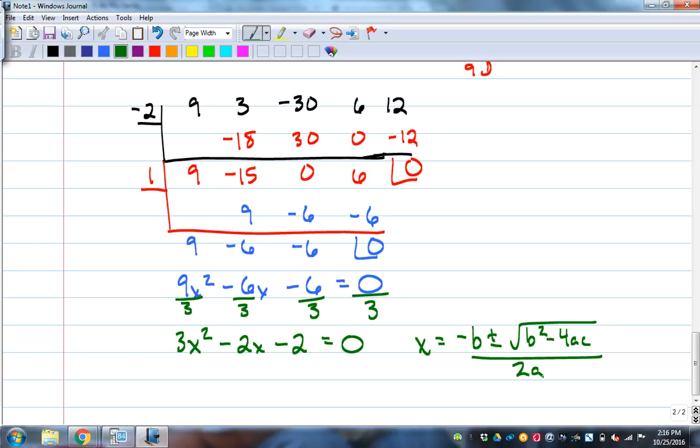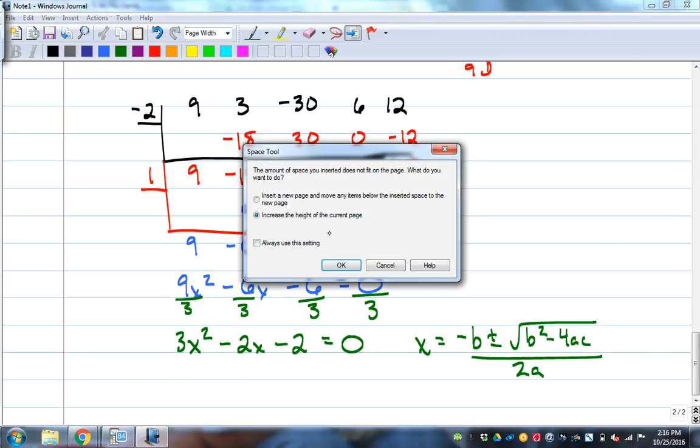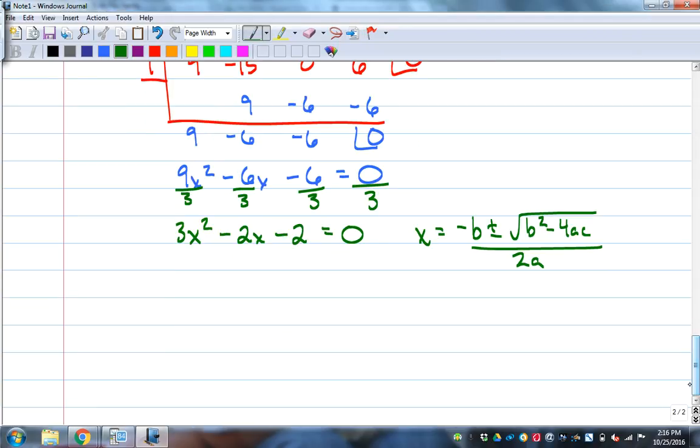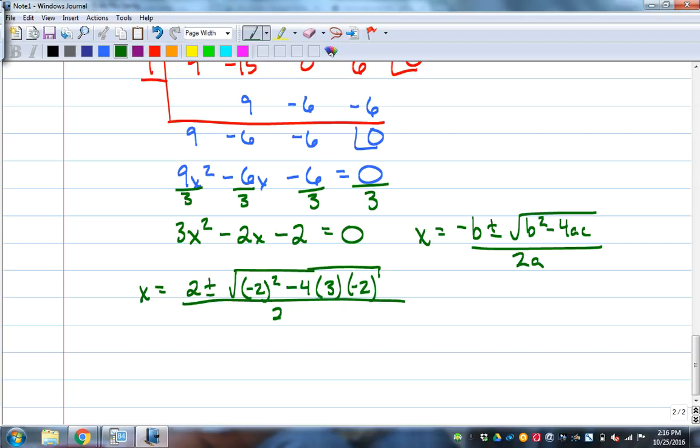All right, so plugging in the stuff that we know. We spent a lot of time on quadratics earlier in the year. So it'd be 2 plus or minus the square root of negative 2 squared minus 4 times 3 times negative 2, over 2 times 3.